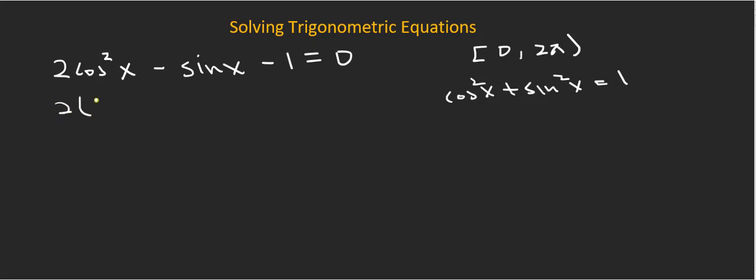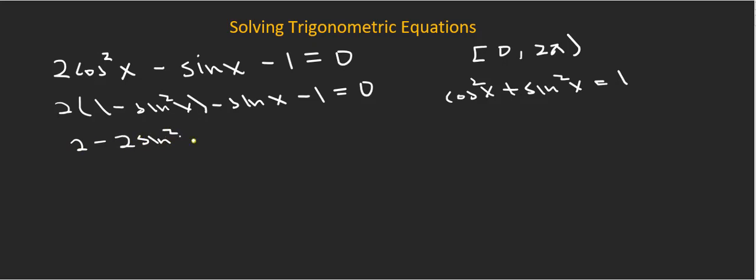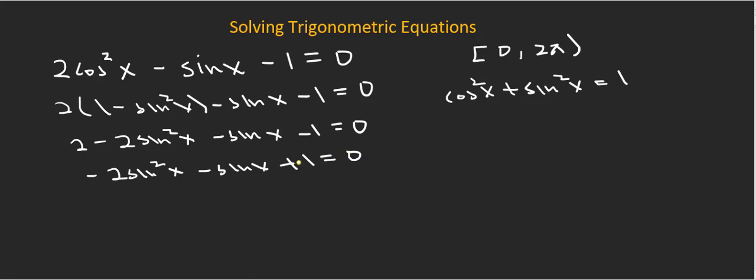So using substitution, substituting 1 minus sine square x, and simplifying by distributing the 2 and adding the like terms, you get this. I don't like the negative, so I'm going to multiply everything by negative 1. You get 2 sine square x plus sine x minus 1 equals 0.